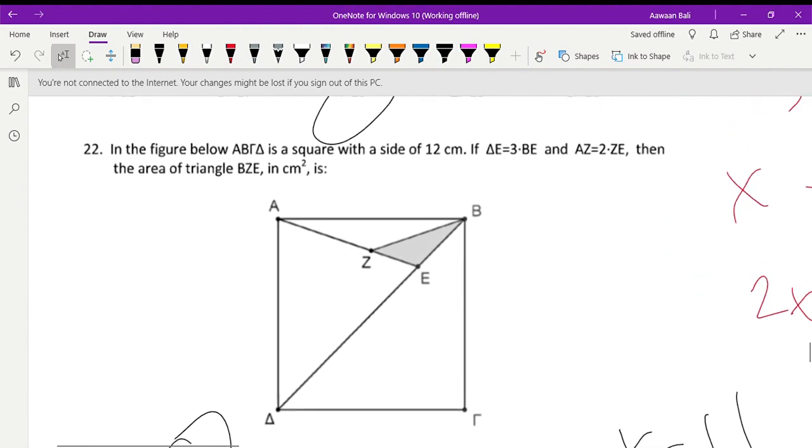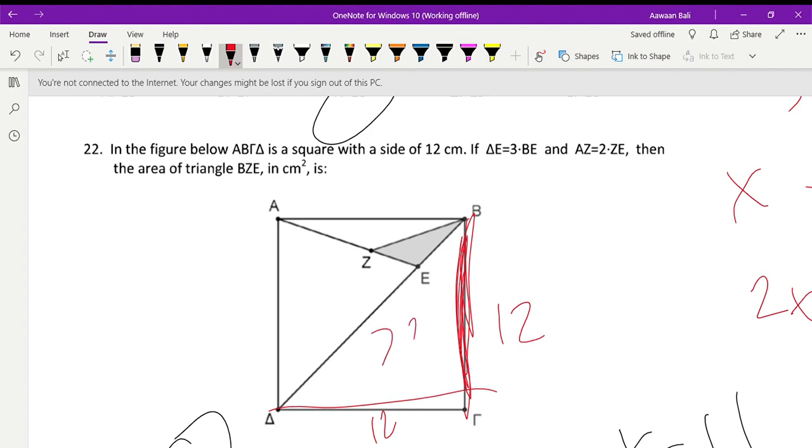So we know this side here is 12 centimeters. So that becomes the area of half of a square, 72.